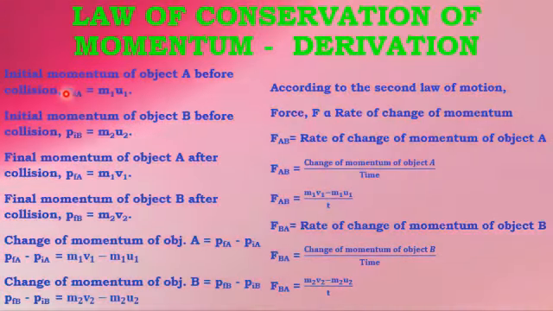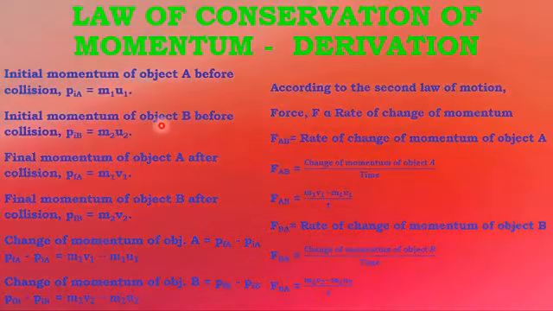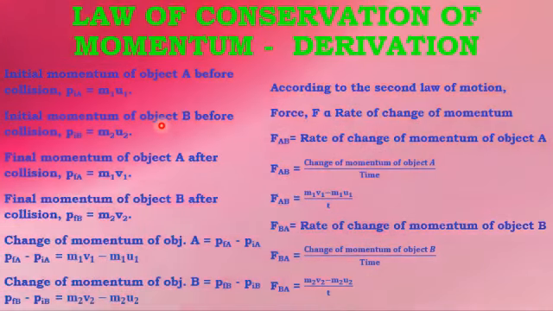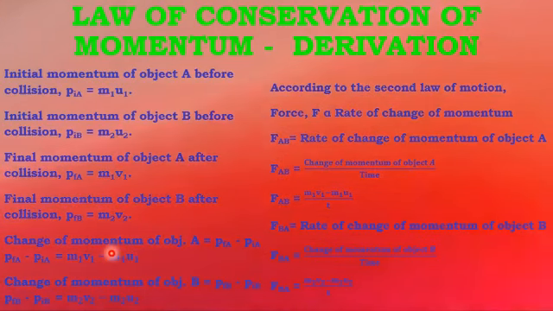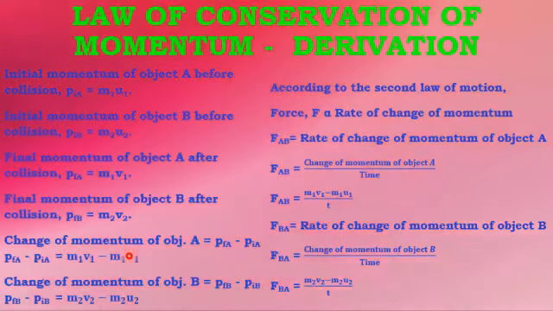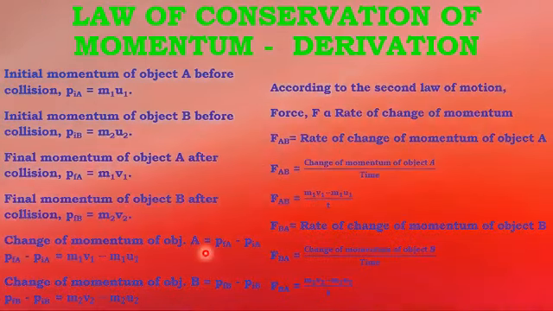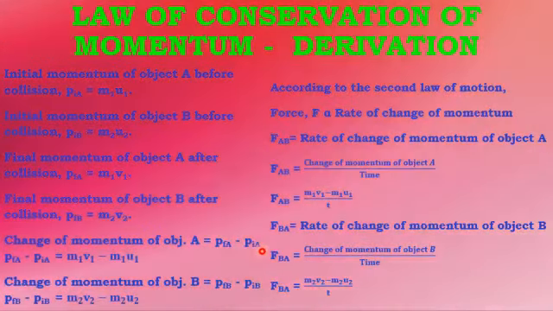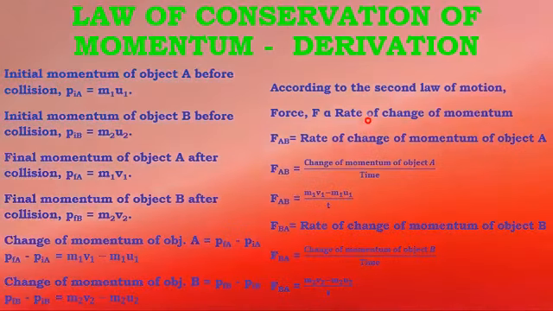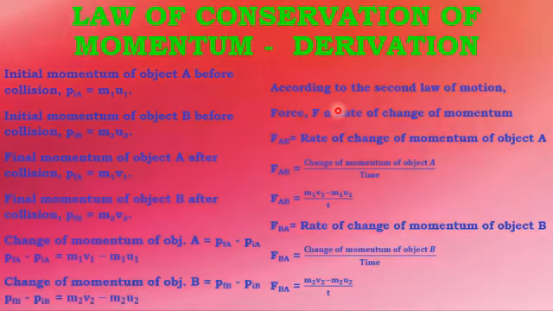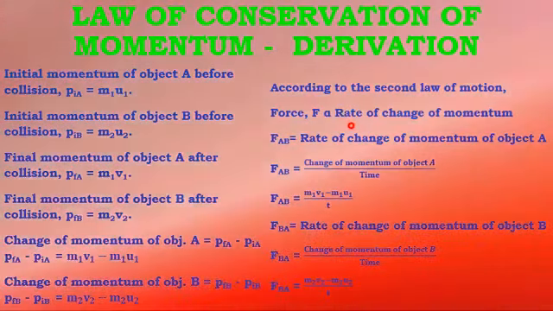Here we also know the initial momentum and the final momentum, considering both objects A and B. Likewise, we know the change in momentum. The change in momentum of object A is the final momentum minus the initial momentum, and likewise for object B. As per the second law of motion, the applied force is directly proportional to the rate of change of momentum.